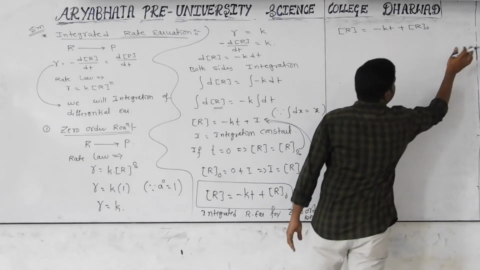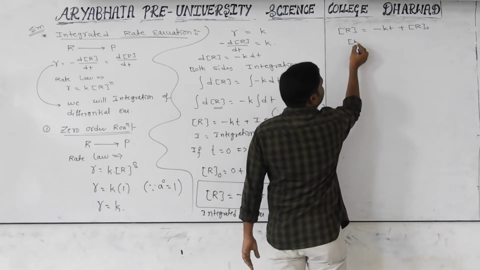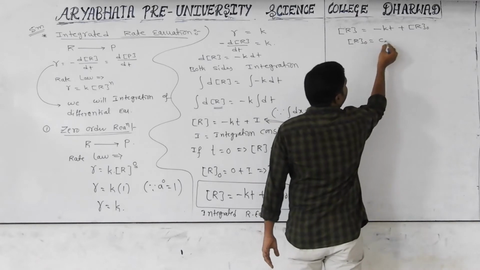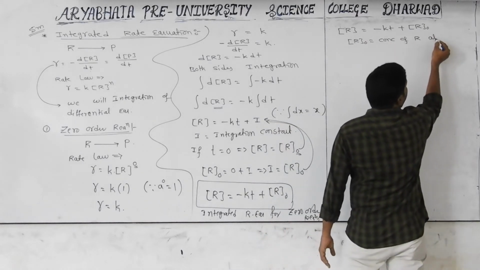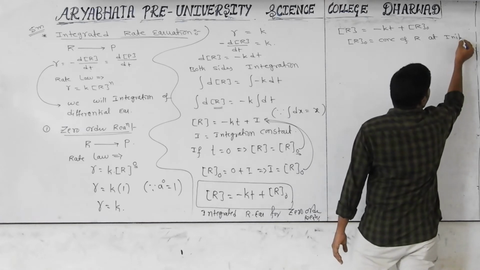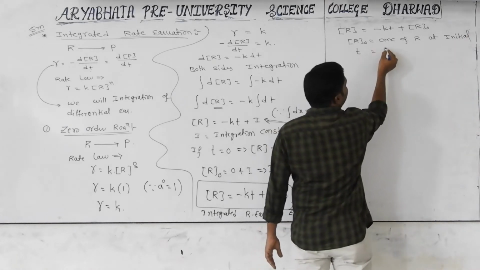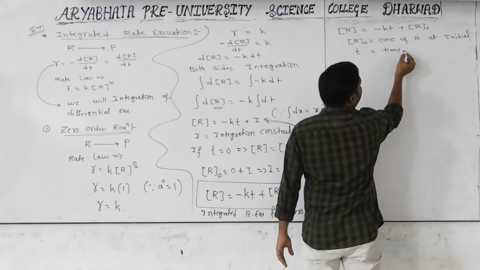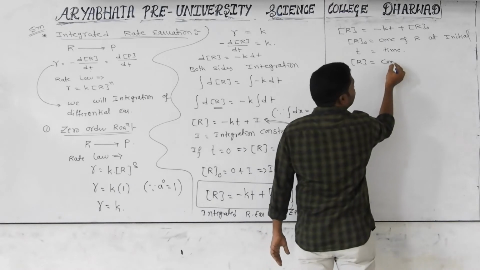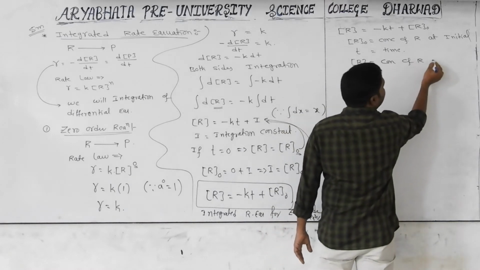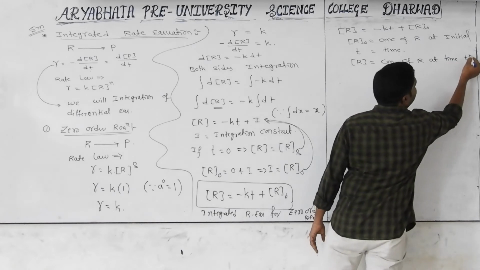What are the important terms here? R0 is the concentration of the reactant at the initial stage. Are you clear? What is the meaning of t? Time interval. What is the meaning of R? It is the concentration of the reactant at a time t.